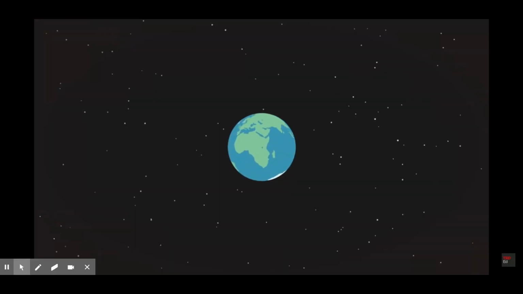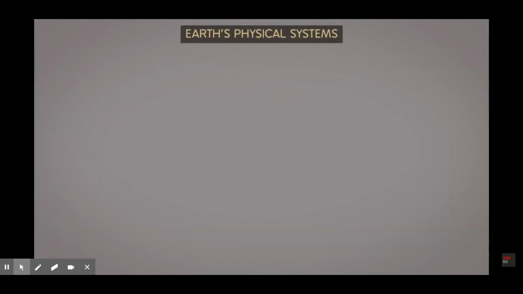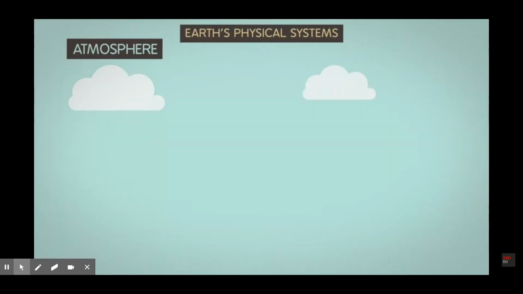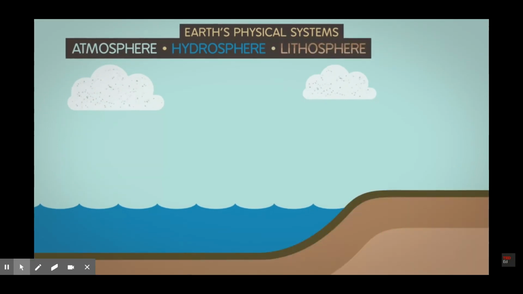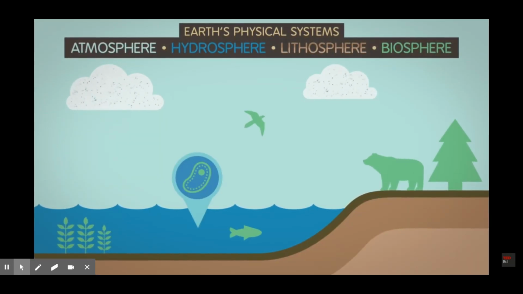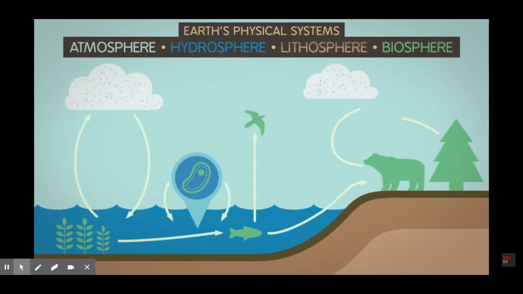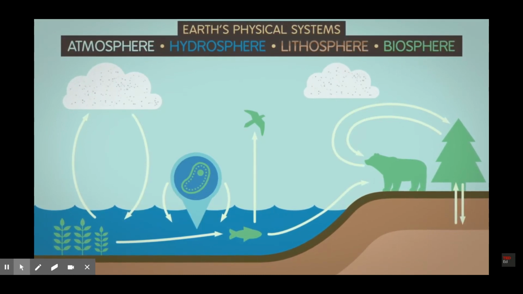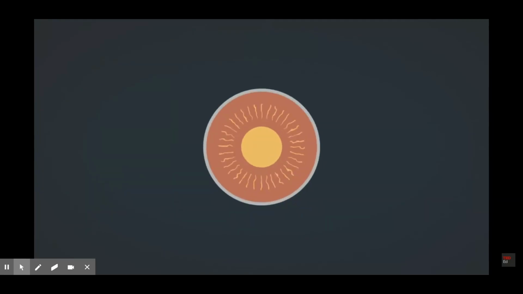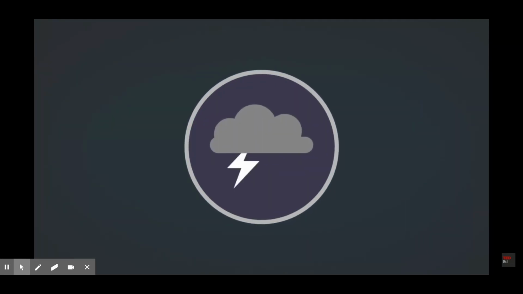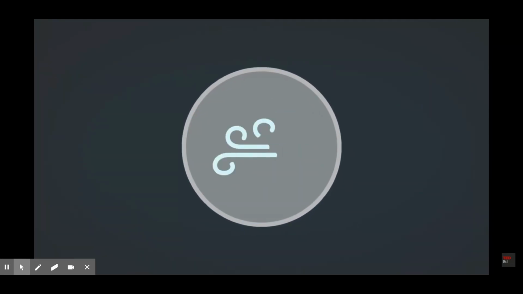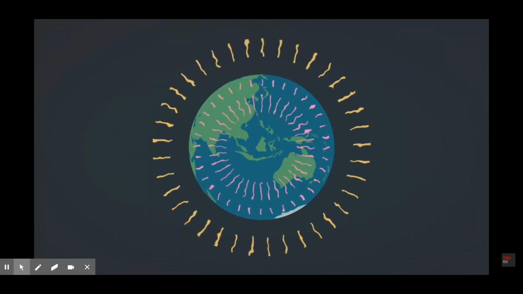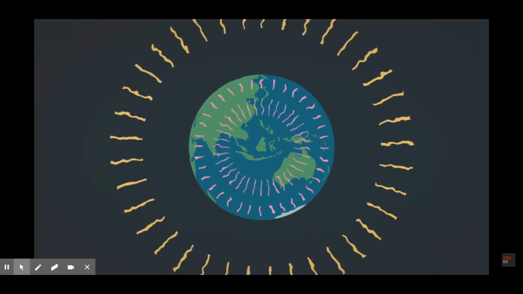To look at our planet, its systems, and their energy flow. Earth's physical systems include the atmosphere, hydrosphere, lithosphere, and biosphere. Energy moves in and out of these systems, and during any energy transfer between them, some is lost to the surroundings as heat, light, sound, vibration, or movement. Our planet's energy comes from internal and external sources.